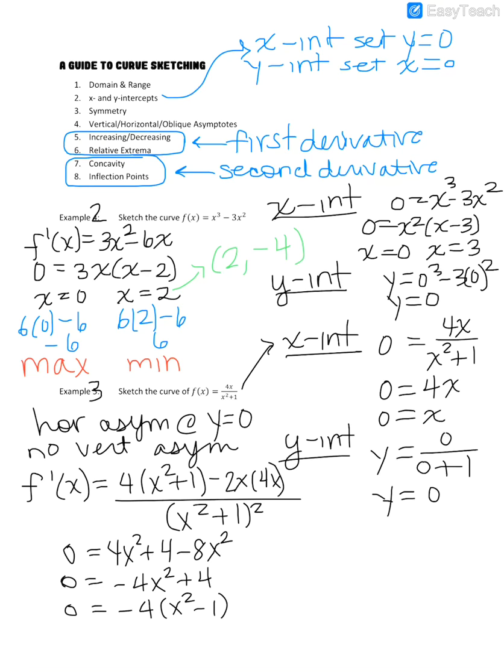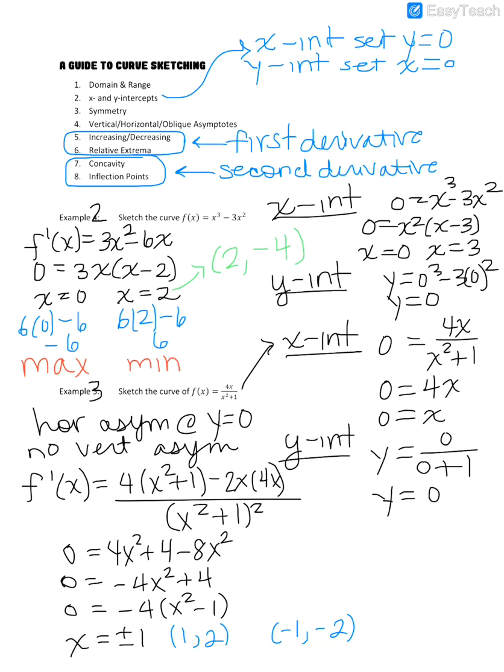If I set this equal to 0, I get x is equal to positive or negative 1. Remember with your maxes and mins, you want the full point with the x and y value. So my first point, 1, if I plug it into the equation, I get 2. And my second point, negative 1, plugging it in, I get negative 2.